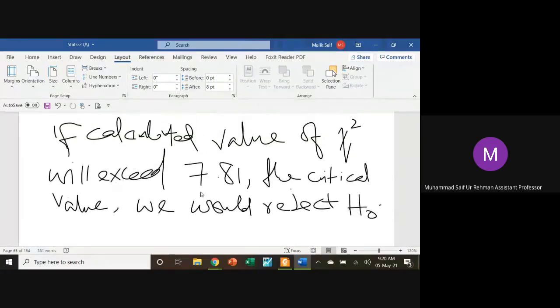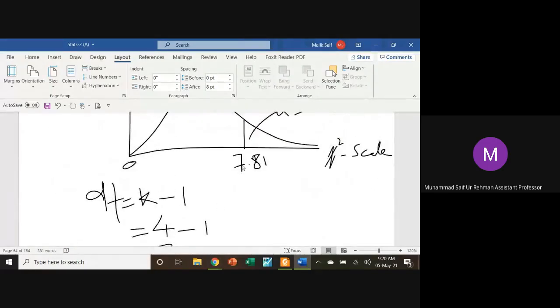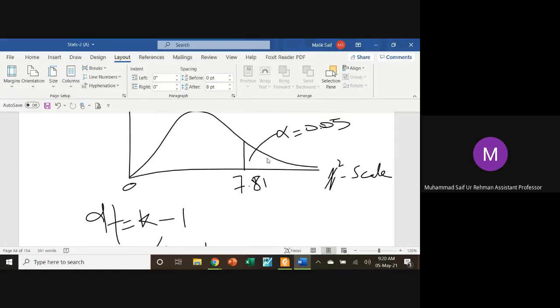A similar statement you can write in your own words. This is the decision rule. Definitely, if it exceeds 7.81, then that value will be in the rejection region. That is the reason that we would reject H naught.